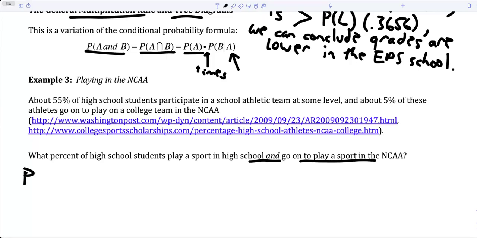So let's write down a few things. The probability that they play high school sports is right there, 55%. So this is 0.55.